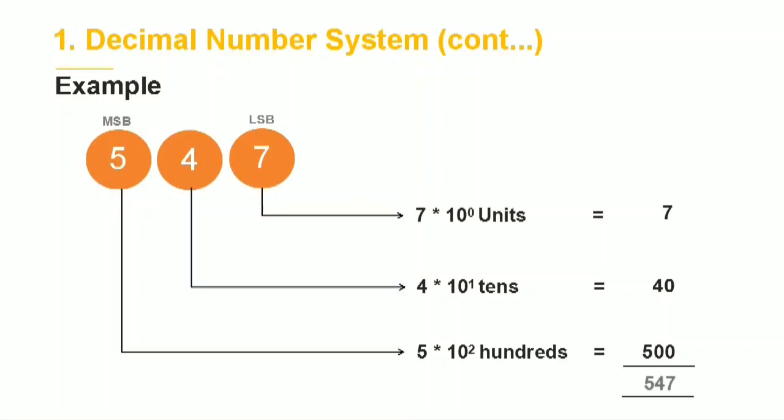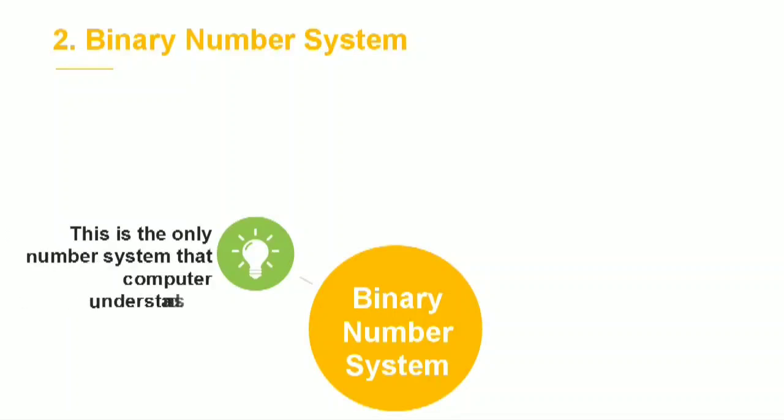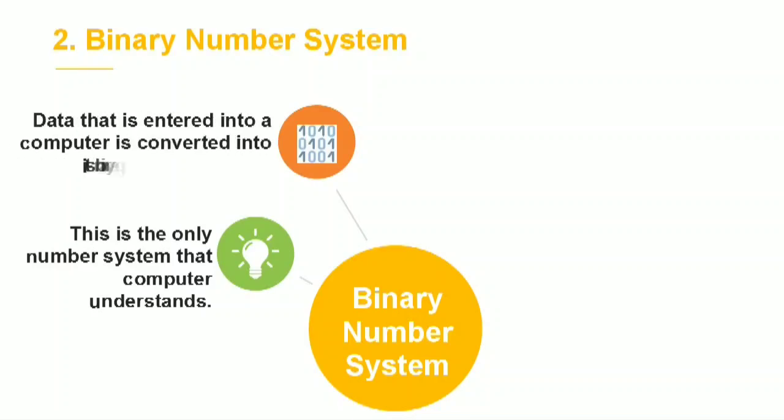So now let's move ahead. The second number system is binary number system. See, computer cannot understand human language. It only understands binary code. So this is the only number system that computer understands. The data that is entered into a computer is converted into its binary equivalent.